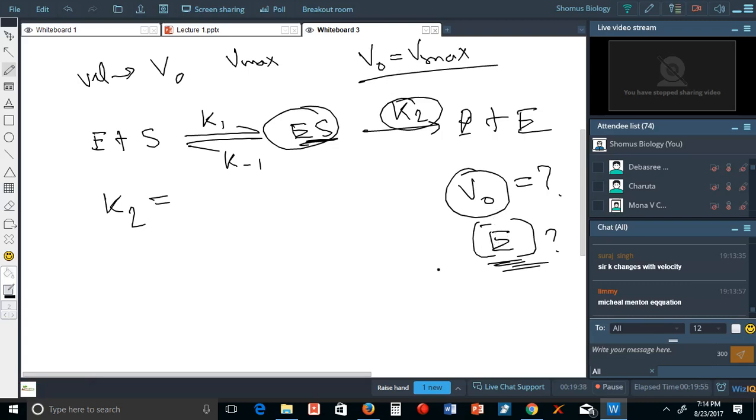So what we can say here is that K2, the rate constant of conversion of enzyme substrate into the product and enzyme separately, equals a value known as the maximum number of substrate molecules that can be converted to the product per second.